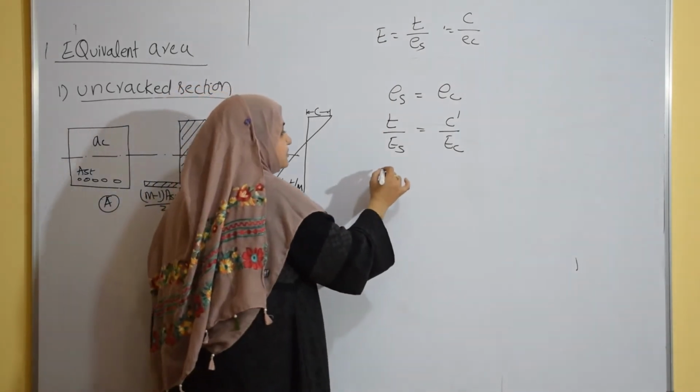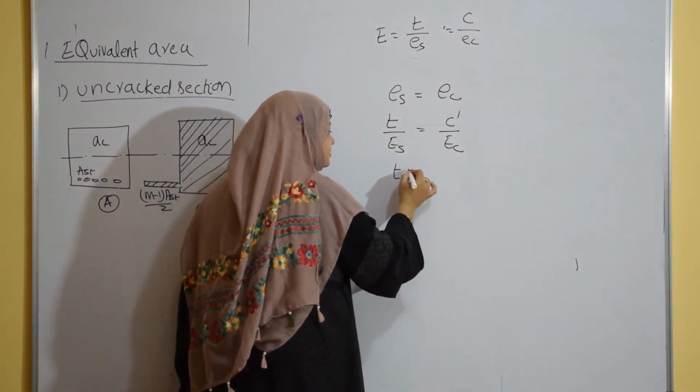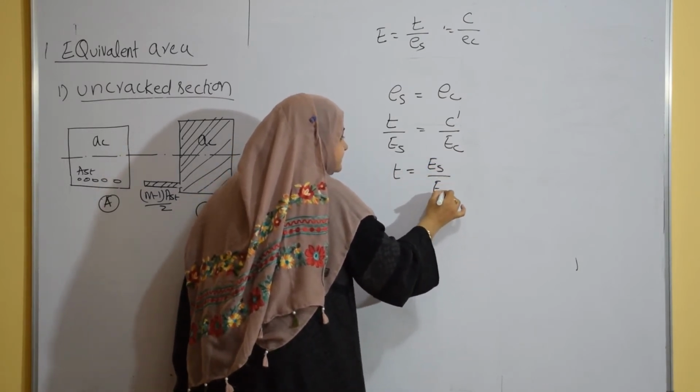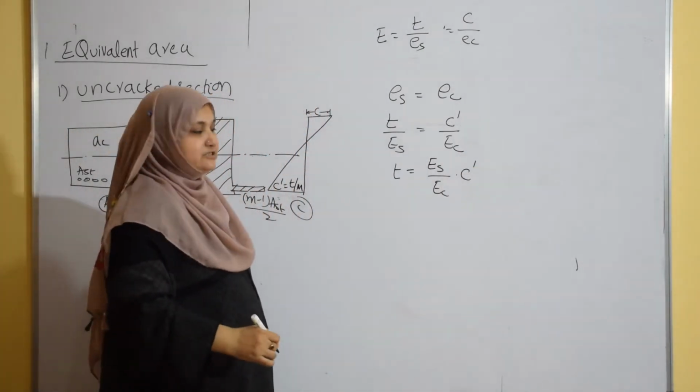Then we get stress in steel equals Es by Ec times stress in concrete in the tension zone.